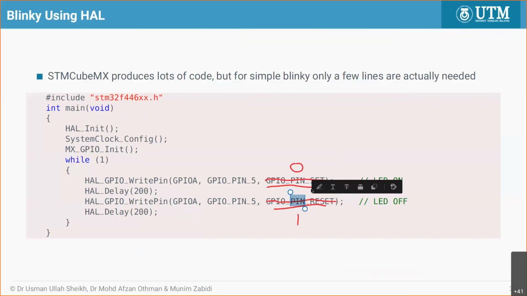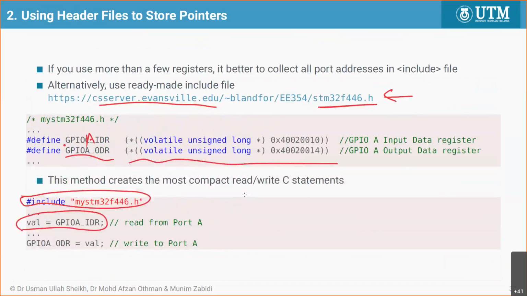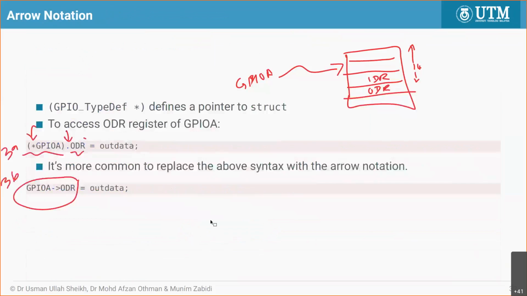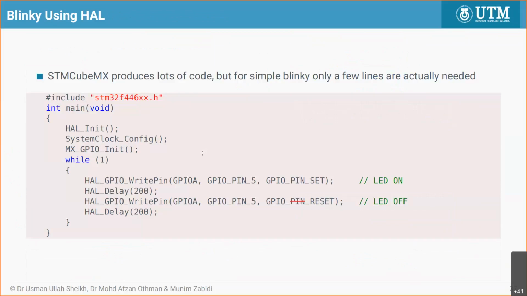So you look at the code, you know what it's doing. So you know that you are setting a pin at the GPIO, and you know which pin, instead of like, okay, this one. Do you know what it's doing? You do not know. Okay, no idea. Or this one, you don't know what this particular instruction is doing. But if you use this, okay, I'm trying to set pin 5 at the GPIO.